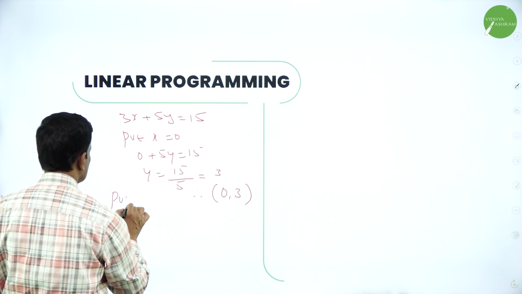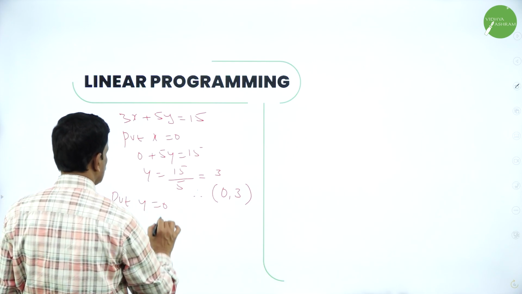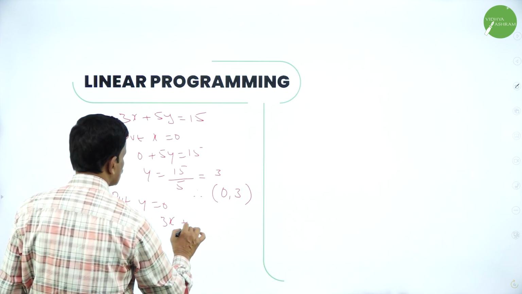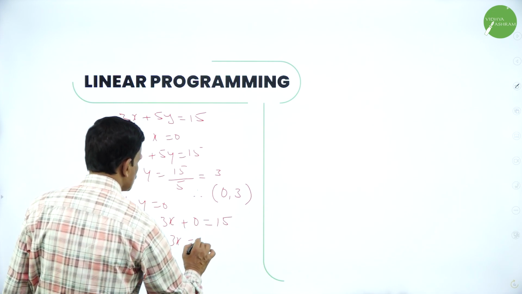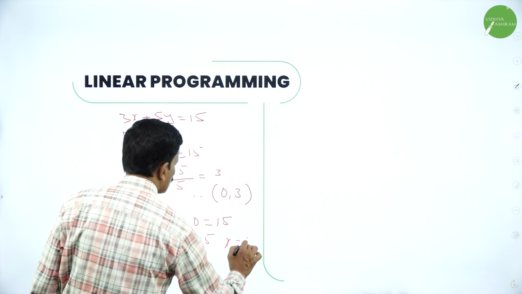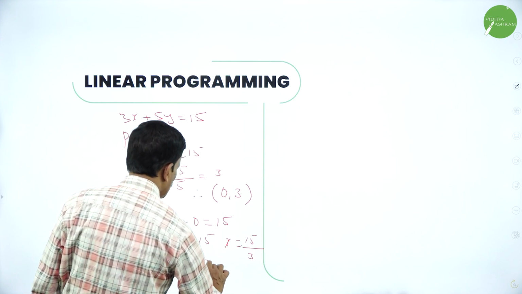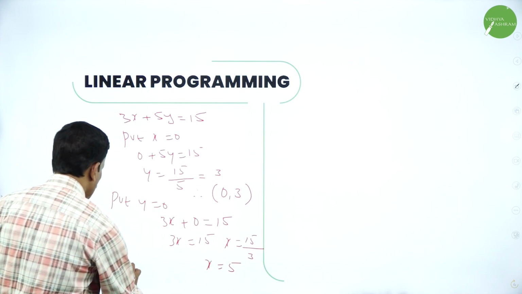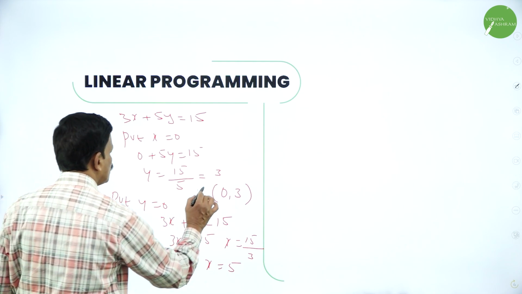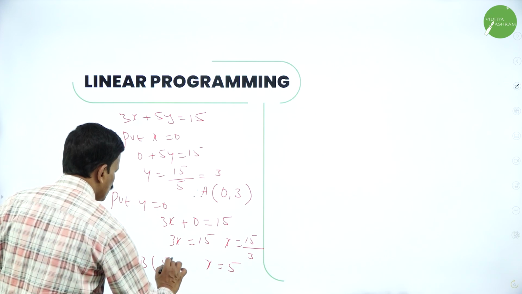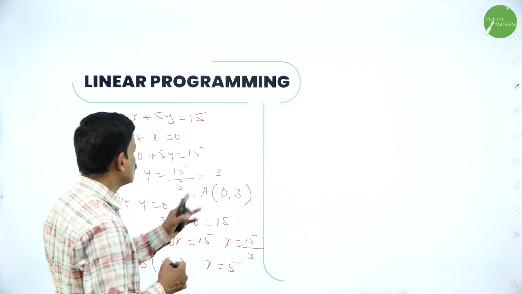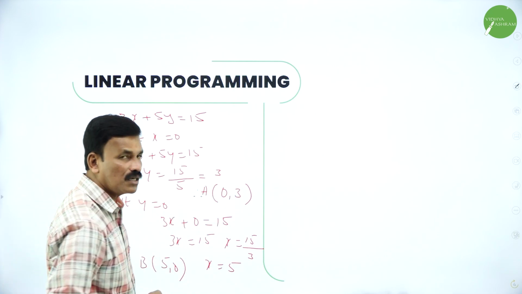Again put y is equal to 0, 3x plus 0 is equal to 15, then 3x is equal to 15, x is equal to 15 divided by 3, x is equal to 5. So the other point, call it as A, and another point B is equal to 5 comma 0. The first point is 0 comma 3 and the second point is 5 comma 0.